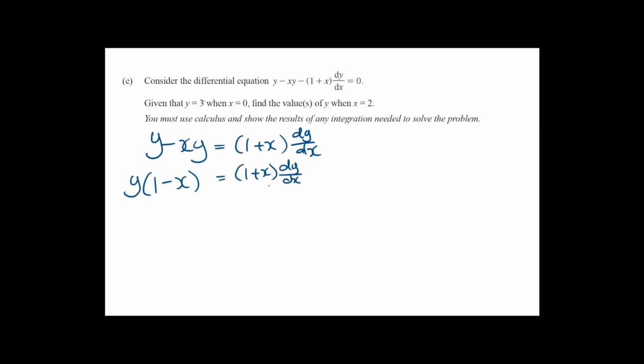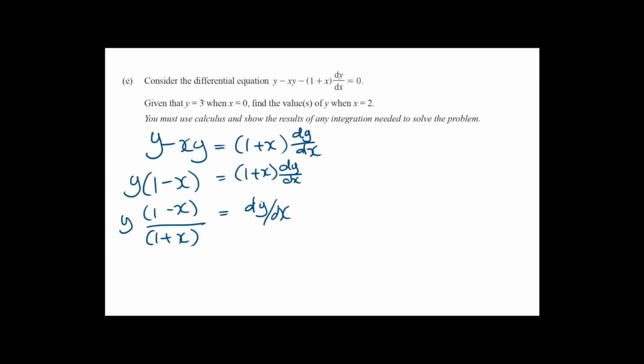Now we're going to divide both sides by 1 plus x. So y times 1 minus x over 1 plus x. Now I know that these have really nice qualities that we can exploit.